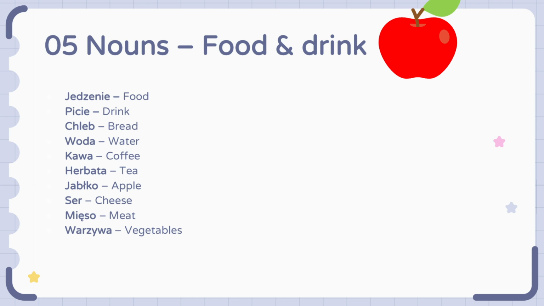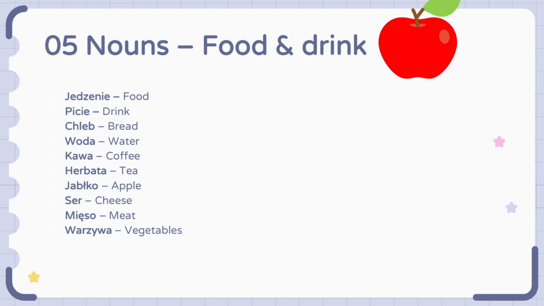Another list is food and drink: jedzenie, food, picie, drink, chleb, bread, woda, water, kawa, coffee, herbata, tea, jabłko, apple. We are going to go over it later on in our third class, but sometimes we do have such a thing as reduction.